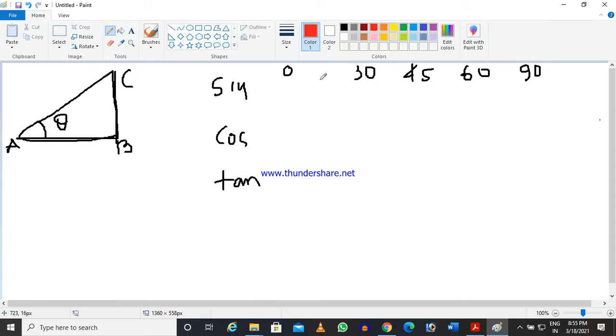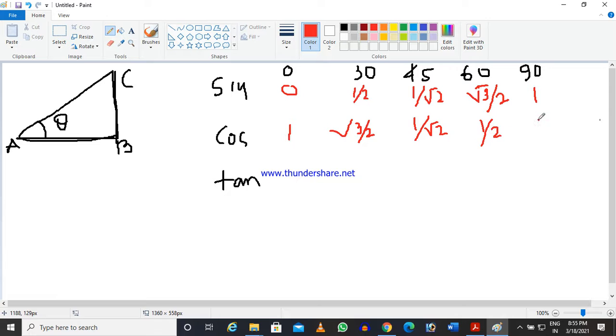So sine 0 is 0, sine 30 is half, sine 45 is 1 by root 2, sine 60 is root 3 by 2, sine 90 is 1. Now you put the values from this side. It is 1, it is root 3 by 2, it is 1 by root 2, it is half, and it is 0.